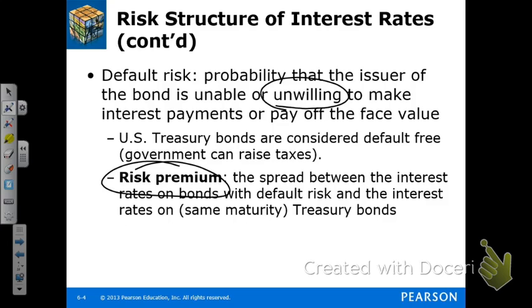So what is risk premium? Risk premium is the spread. Spread means the difference between the interest rate on bonds with default risk and the interest rate on the same maturity treasury bonds.